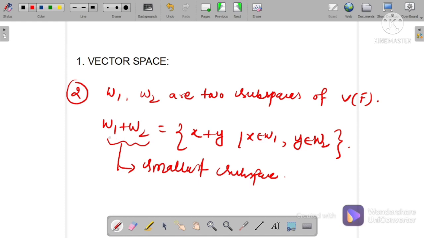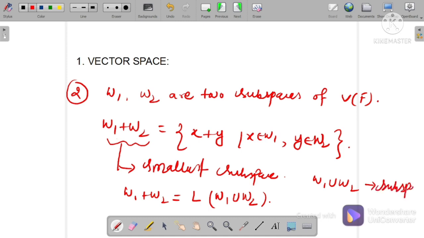And this W1 plus W2 is spanned by W1 union W2. The union of two subspaces need not be a subspace. W1 union W2 is a subspace if and only if one is contained in the other. That means if and only if W1 is contained in W2 or W2 is contained in W1.